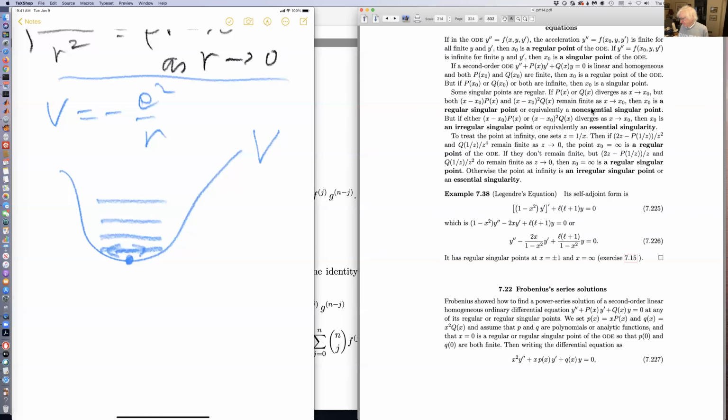And these are the nice cases. So if your differential equation has no singular points or only regular singular points, you've basically got a nice differential equation. On the other hand, if either one of these diverges as x goes to x0, then we say that it's an irregular singular point or an essential singularity.